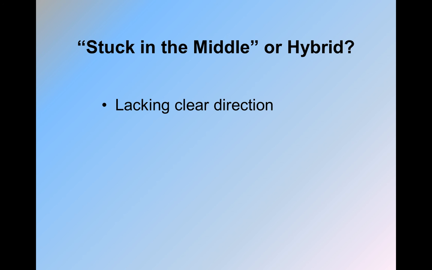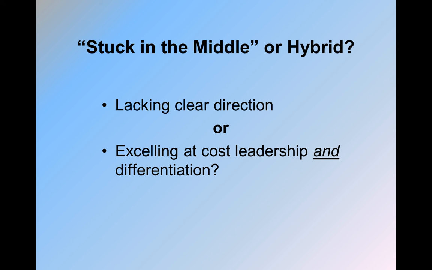And so can you reduce cost at the same time as add differentiation? He sees that as too difficult, too cumbersome, too limited in its clarity. And he refers to that as being stuck in the middle between trying to achieve low cost or trying to achieve differentiation. So for Porter, trying to do both is a big no. Whereas Bowman says, well, it is possible.